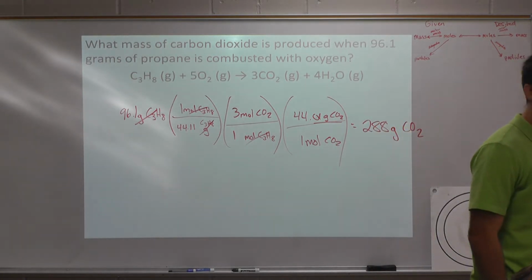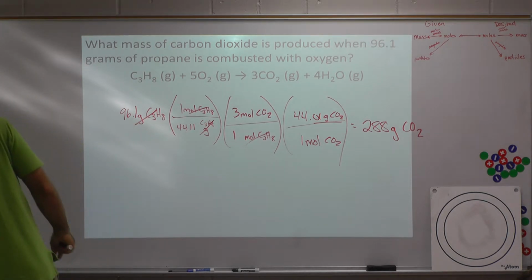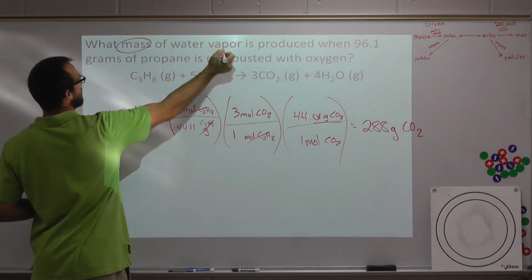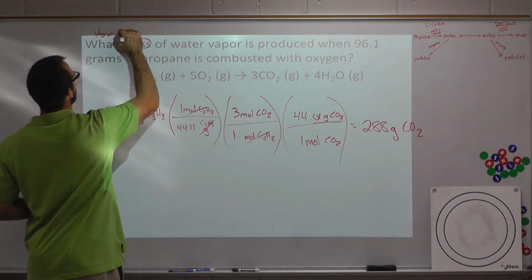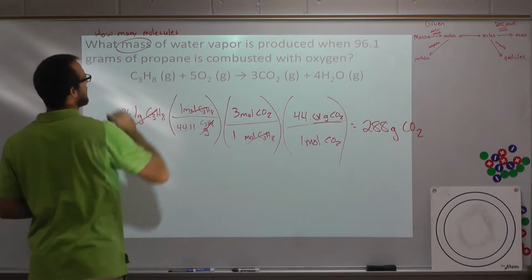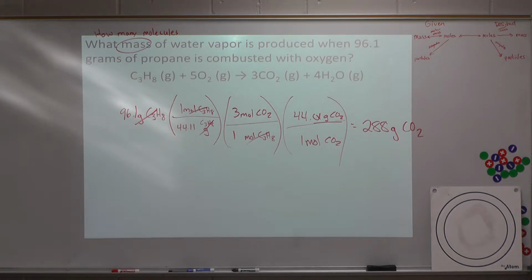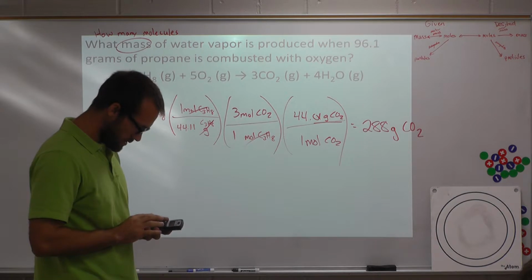So on the next one where it's talking about water vapor, change this mass to molecules, or how many molecules. I do want it to look a little bit different because there's a good chance in your homework you'll have to do that. It just changes the last step, which I think you guys will have no problem with, but I'd still like to make sure that if there's any issues we can deal with it.